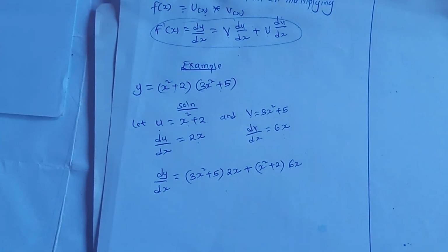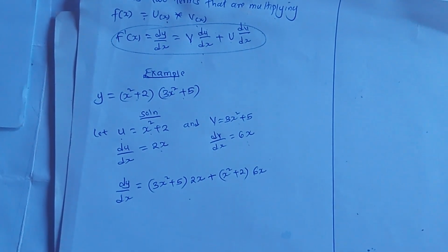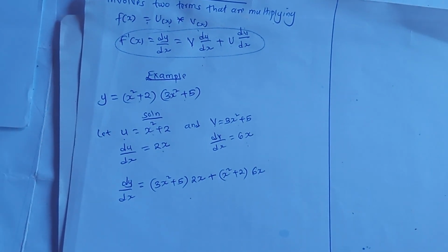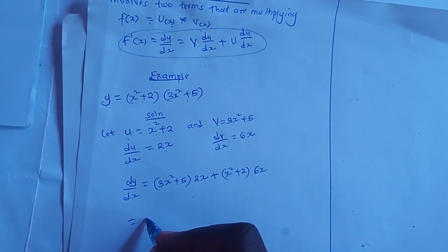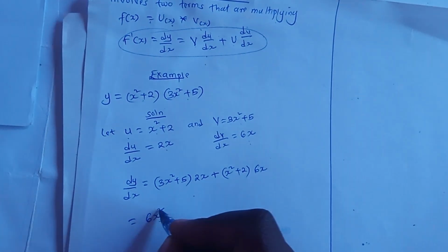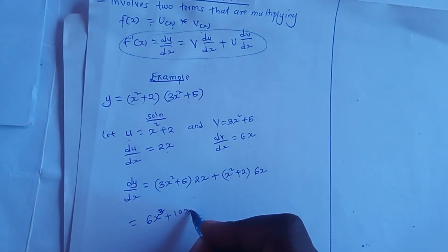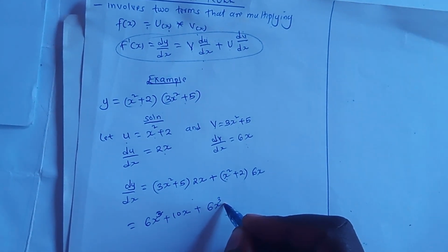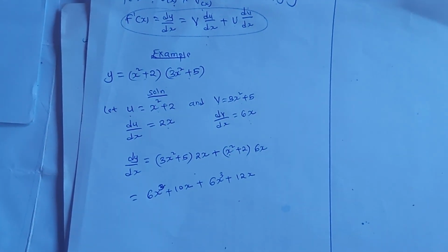Now, what do we do? We have to open the brackets, whereby this is going to be 6x cubic, not squared, sorry, cubic, plus 10x plus 6x cubic plus 12x. When we reach there, we collect the like terms.